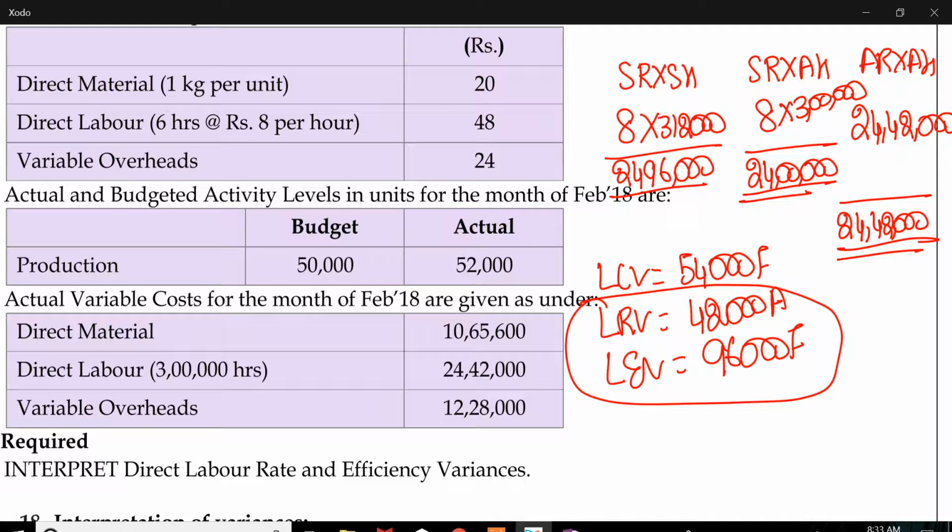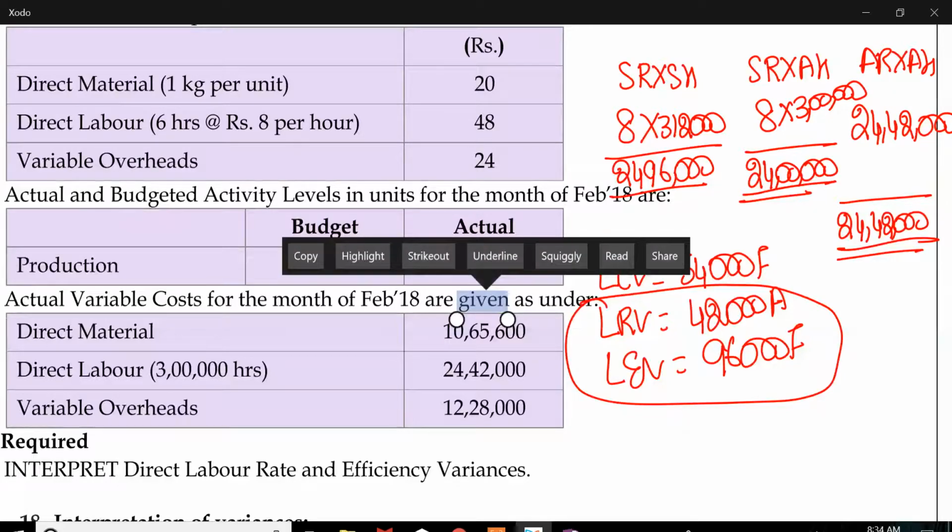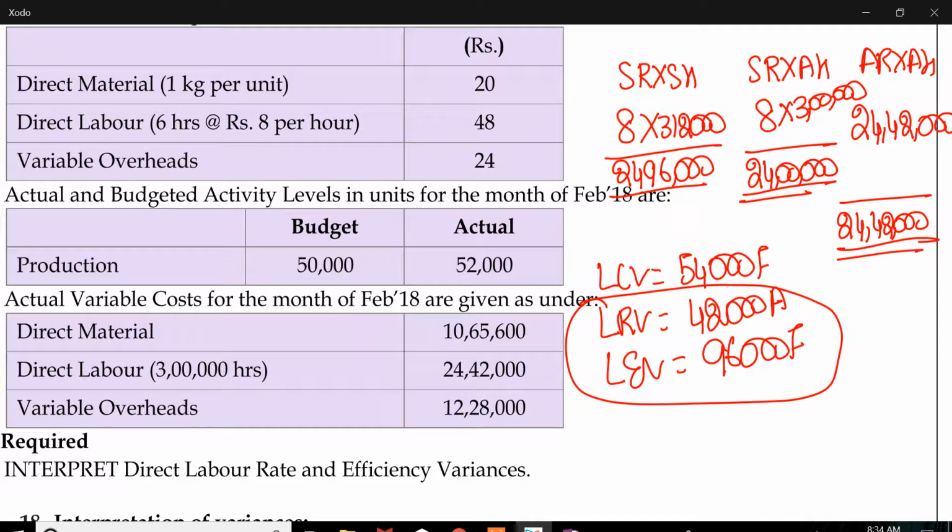Next point. The company might have been forced to pay higher wages due to general inflationary conditions slash shortage of labor.